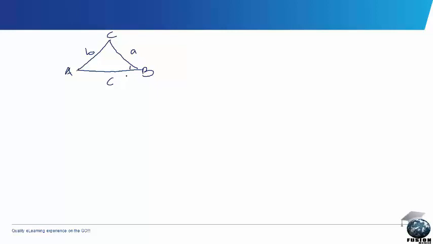The perimeter of a triangle is given just like we do by adding all the sides. So this is how you determine the perimeter of a triangle, by adding all the three sides. It gives you the distance around the triangle.